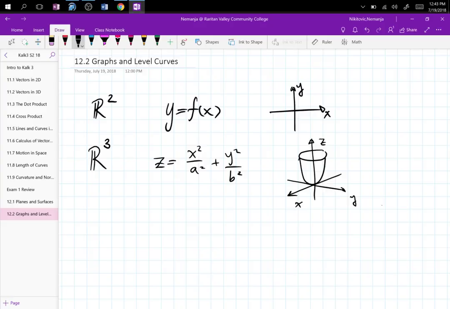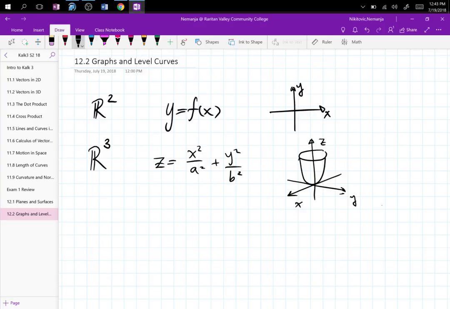So here you still have the input side, which would be x and y, and the output side, which is z. This is what we call a function of several variables, because you have more than one input, x and y. So we are talking about multivariable functions in the sense that you have more than one variable in your input, in your domain.